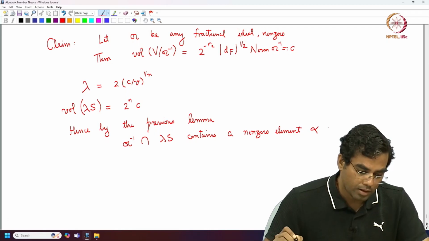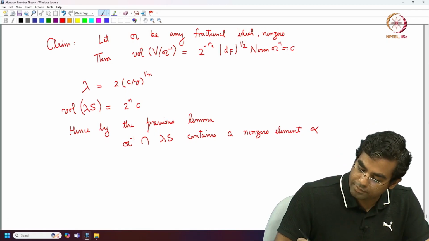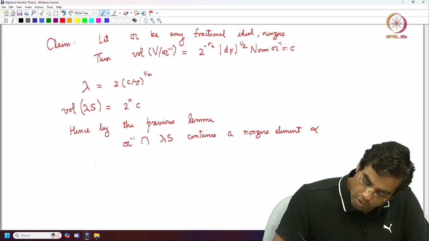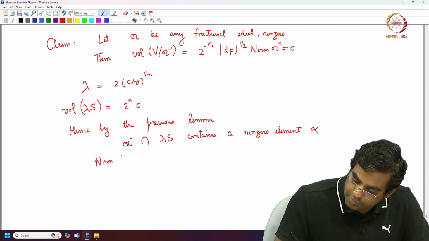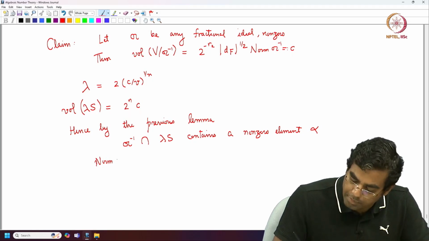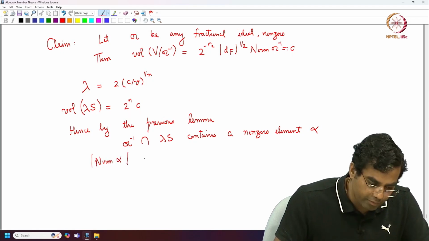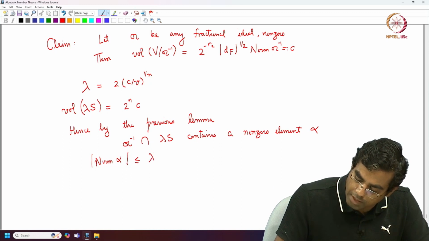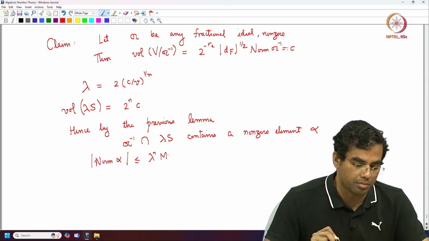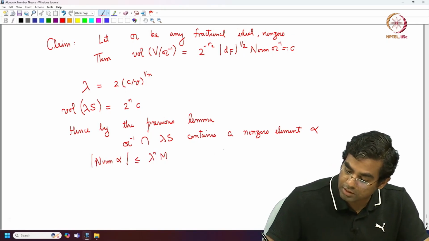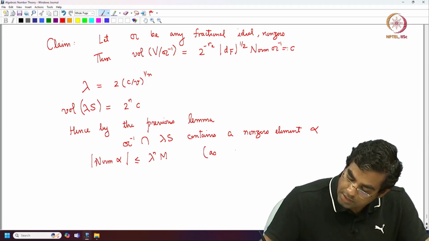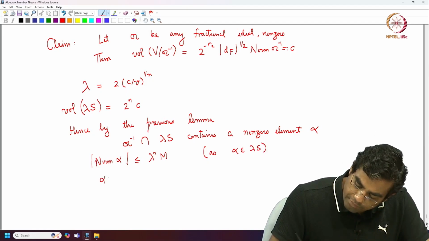All right. So, what do we know about alpha? Well, if I take the norm of alpha, because of the fact that it is contained in lambda S, I get that the norm of alpha is less than or equal to lambda to the n times M. Okay. Furthermore, alpha times A is contained in O_F.